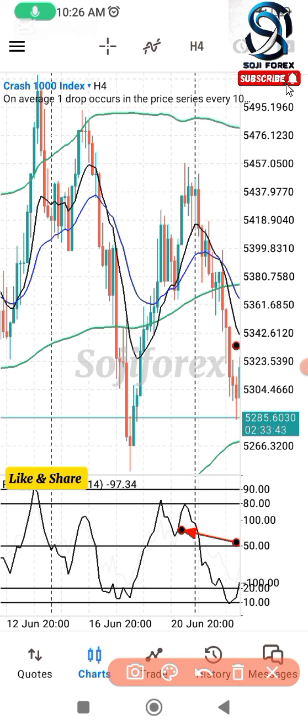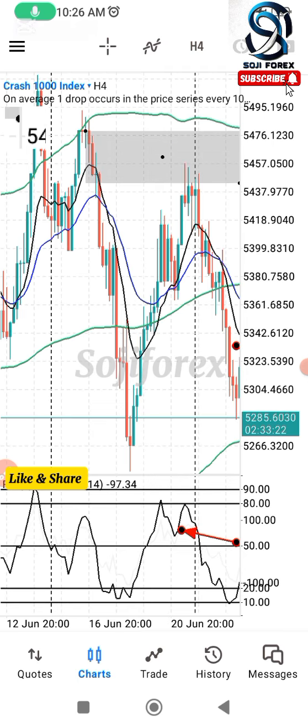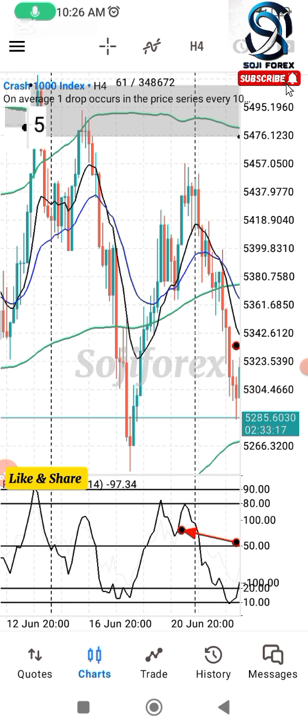Now that price has broken structure, this structural point was broken, so we now have a break of structure. What do we do? We need to identify our point of interest. Remember, we said our point of interest can be our order block. Remember, this is the order block that broke our structure.